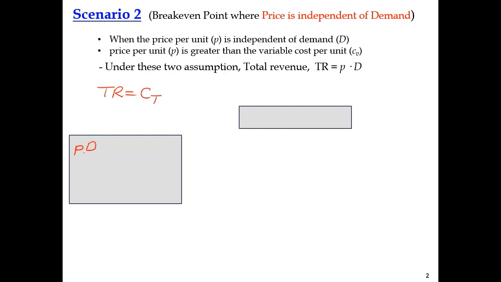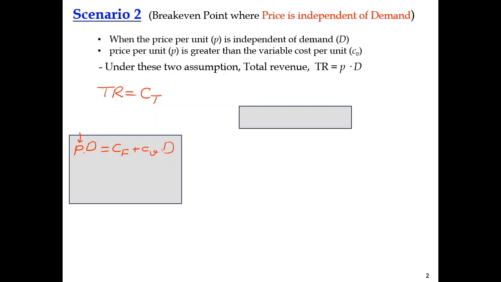It's just a notation. P times D is the total revenue. And what is the total cost? It is fixed cost plus the variable cost, and variable cost is equal to the unit variable cost multiplied by D. And now this P is independent of the demand.